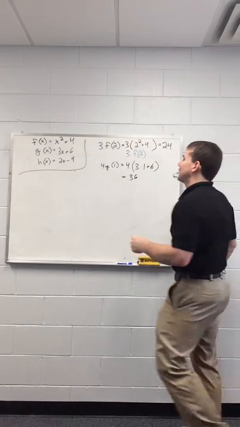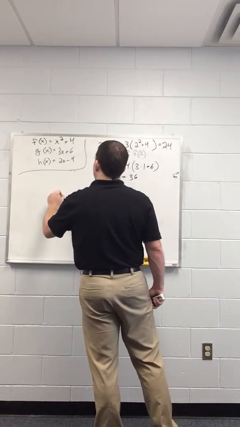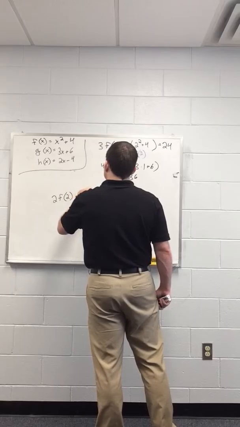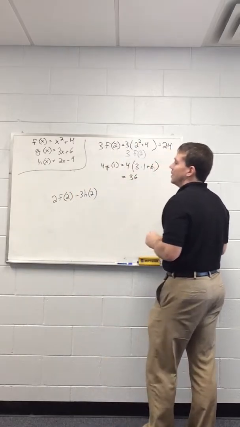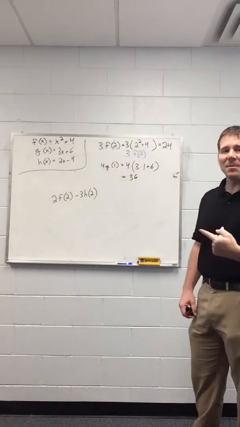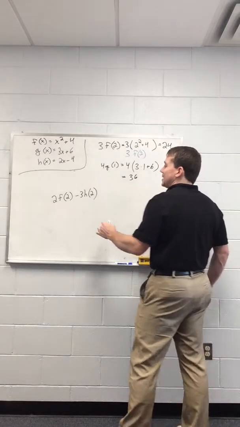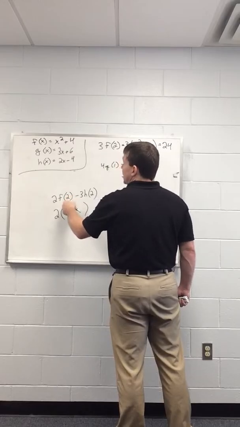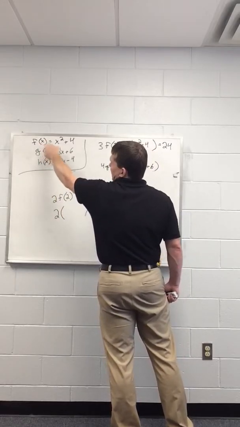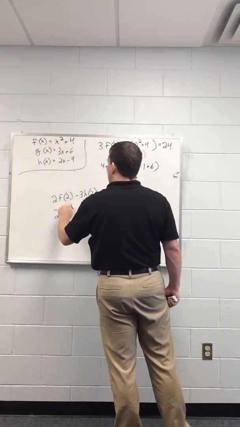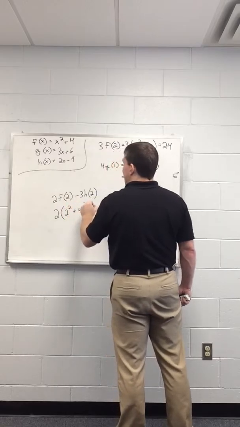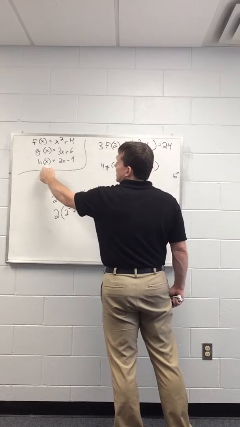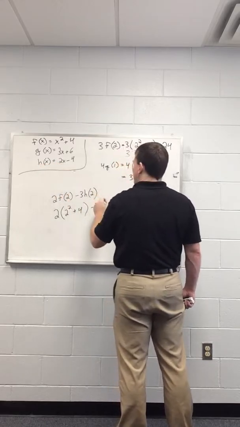So the last one, just for fun, suppose I have 2 f of 2 minus 3 h of 2. That's rather cumbersome, but all you do is go step by step and break it down. That is 2 f of 2, take f of x and replace x with 2. So that's 2 squared plus 4 minus 3 h of 2. For h of 2, take h and replace x with 2.